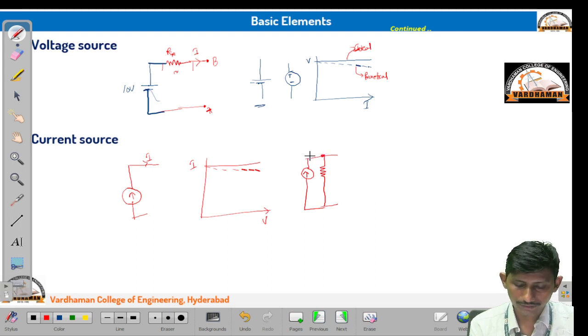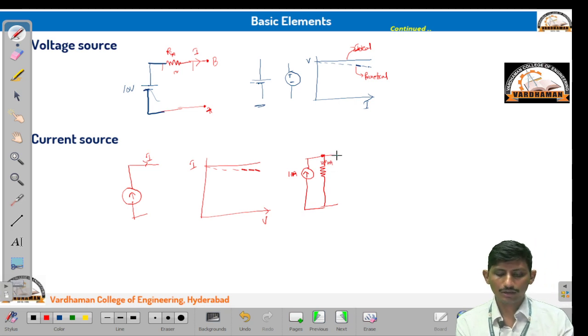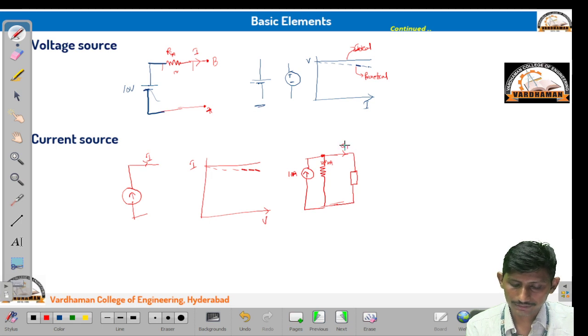Okay. So, if there is a current of 10 amperes, for example, from the actual current source, some amount of current will flow through this resistor, say for example 1 ampere. So, if 1 ampere is flowing through this resistor, the remaining current given to the load will be only 9 amperes.